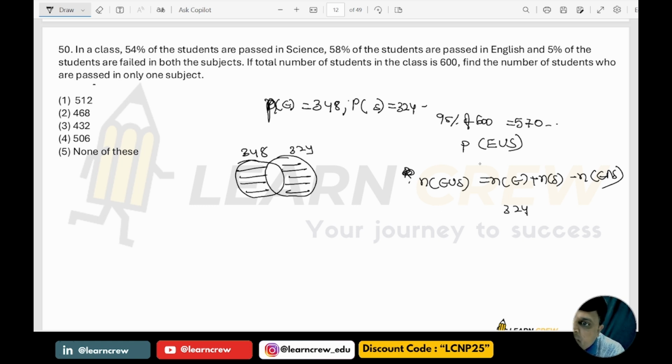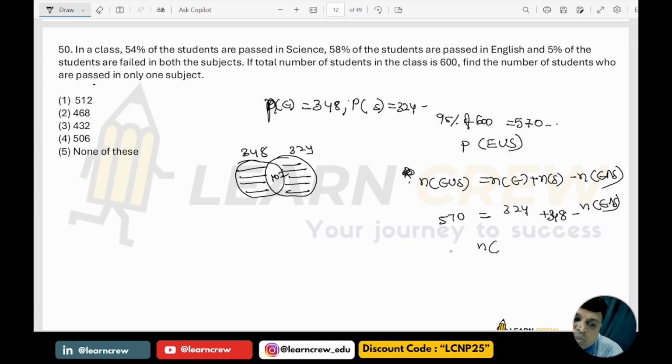N of E union S is 570. So 570 equals 324 plus 348 minus N of E intersection S. N of E intersection S, you will get 102.